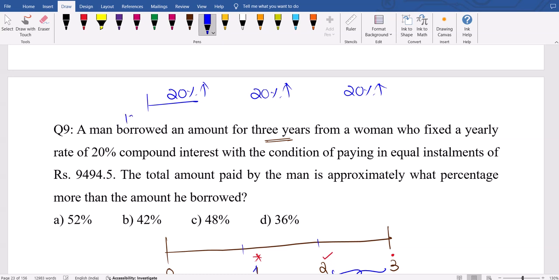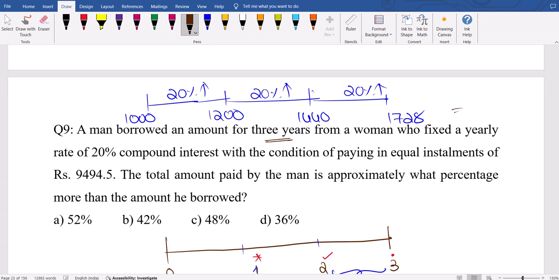Let's say 1000, 20% increase means 1200, then 1440, then again 20% increase means 1728, right? So 1000 become 1728 means 72.8% extra. Definitely the total amount paid is 72.8% more than the amount he taken. That's for sure. This might be a mistake in options, but it should be 72.8.